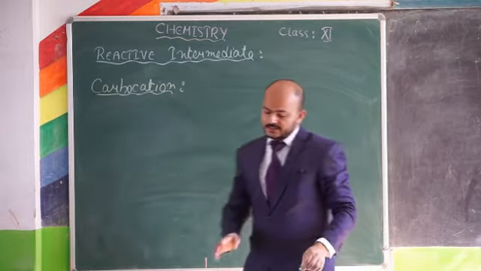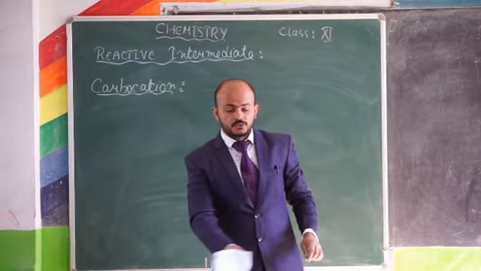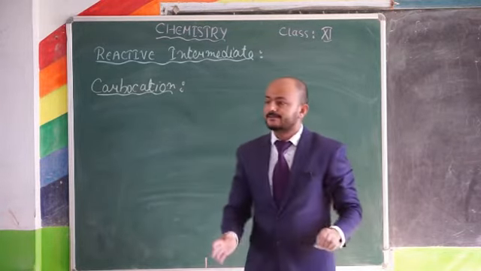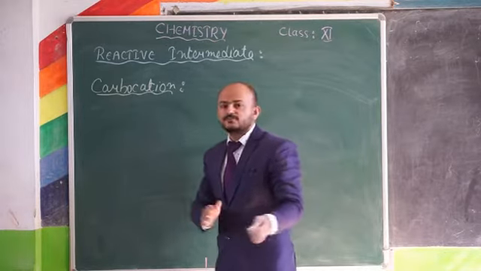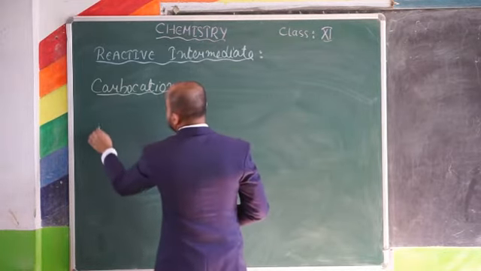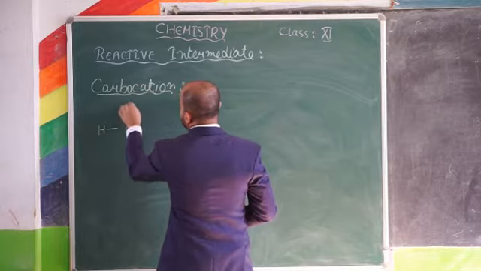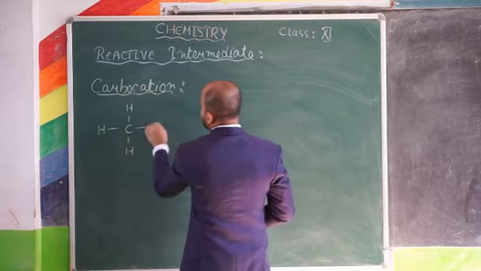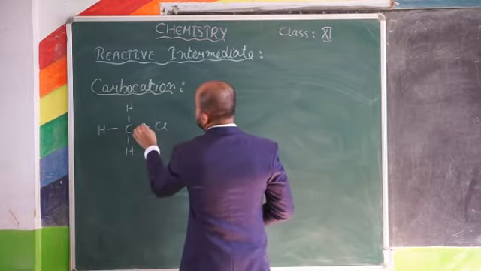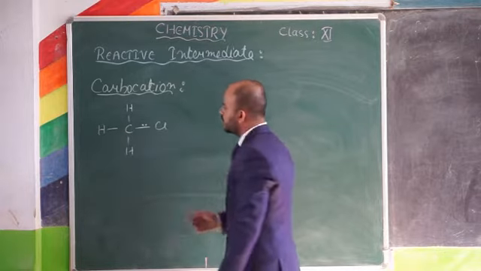So let's take an example. Carbocation means whenever you have a positive charge over carbon. Let's take a simple example first. CH3, here you have Cl. Now this is a covalent polar bond.